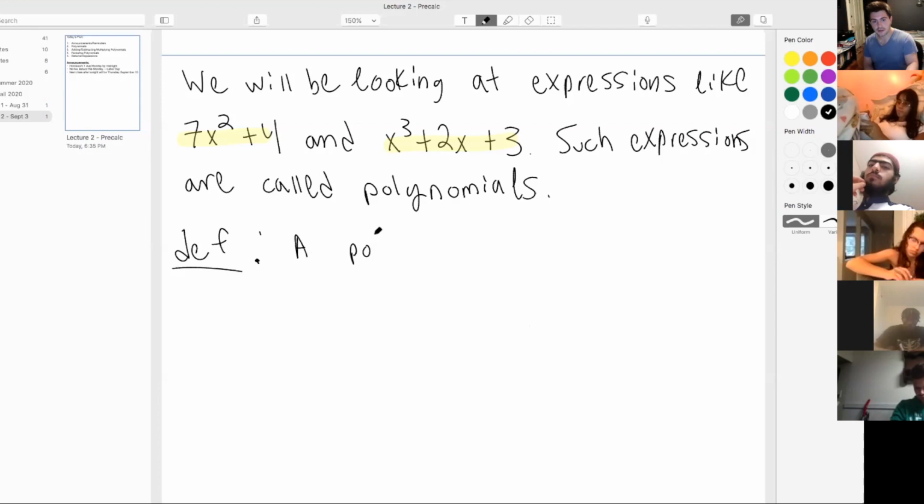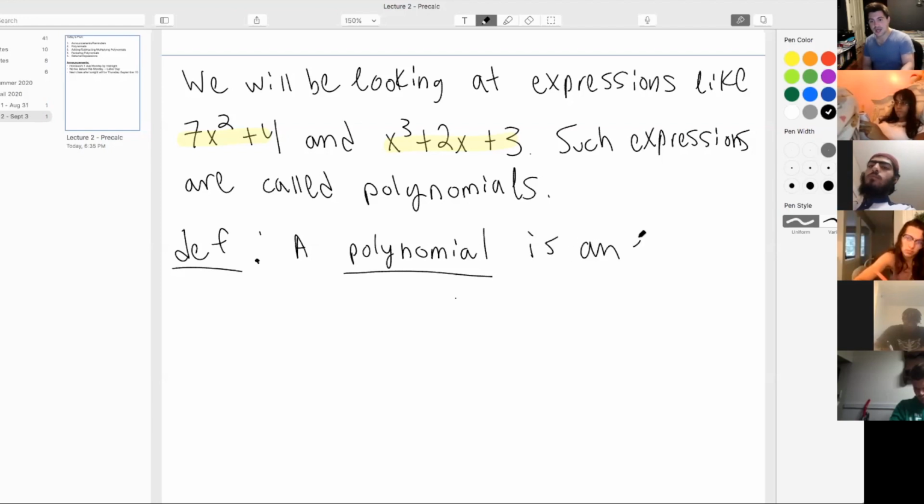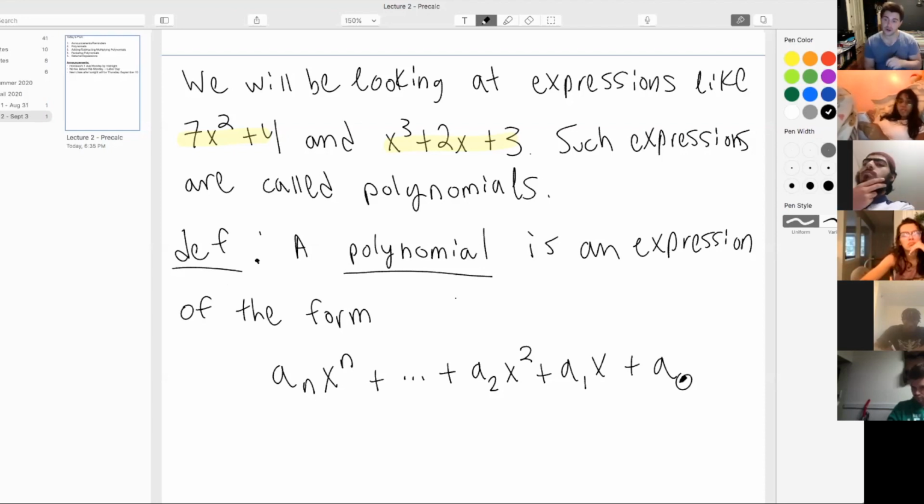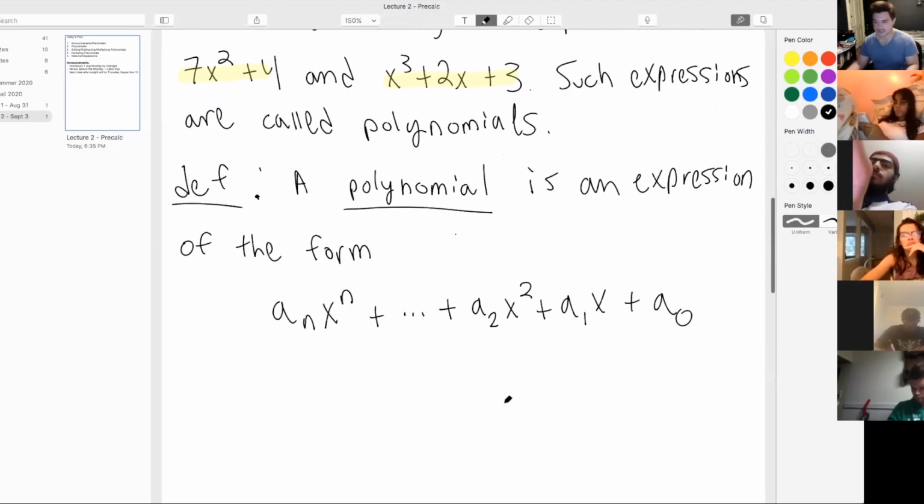A polynomial, and I will underline that because that's what we are defining, is an expression of the form: a sub n x to the nth power plus dot dot dot plus a2 x to the second power plus a1 x plus a naught, or a sub 0. So it looks like this in general.